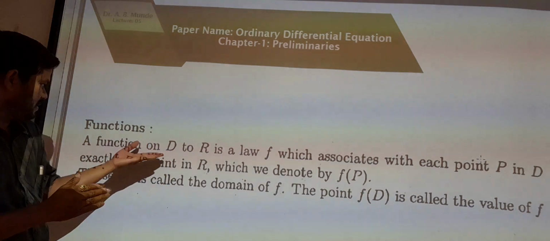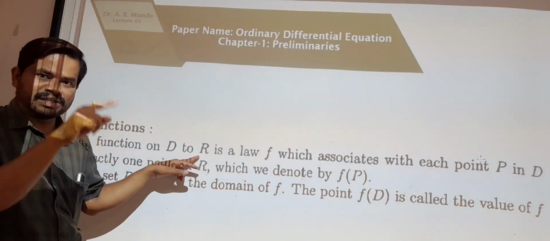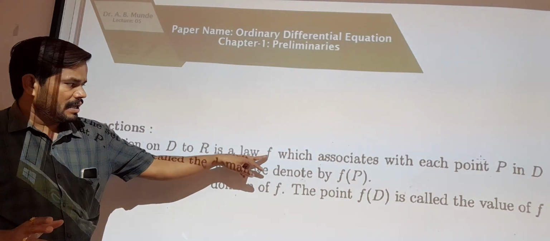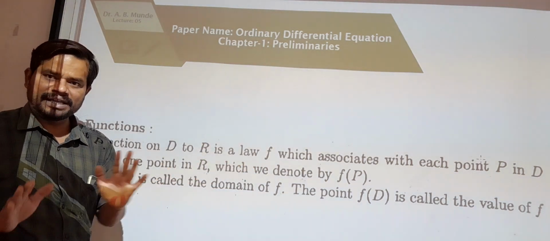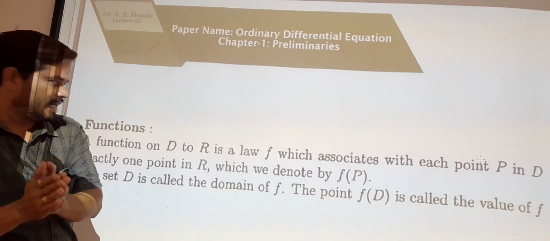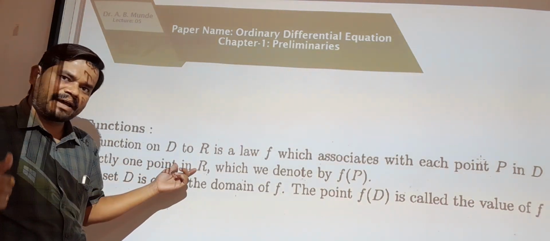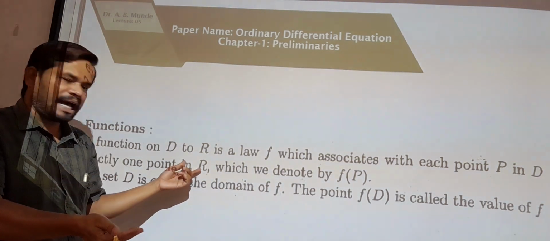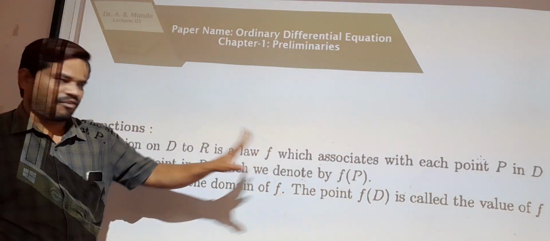A function f from D to R is a law f which associates each point P in D, and I have already told you, the point P is in that set D, exactly one point in R. Whatever the value of P, the associated value in R is only one point, which is denoted by f of P.